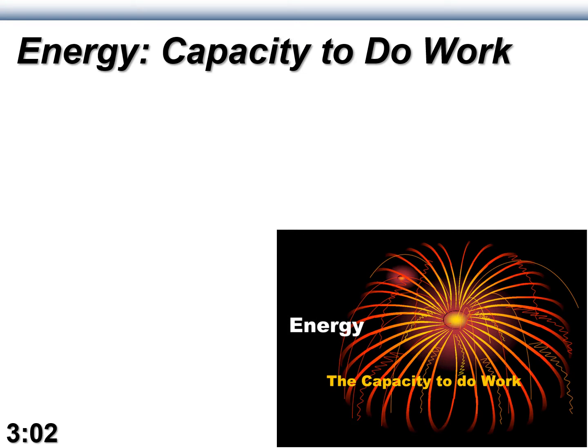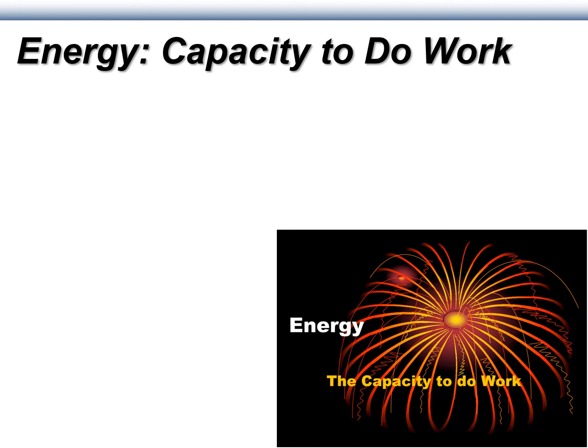So a little bit about energy. You have heard some of this before, and you might have learned some of Newton's laws and that sort of thing. We talk about energy as the capacity to do work. Well, what does that really mean? That's sort of ambiguous to me. It's really about mass and the capacity to change the motion of that mass.